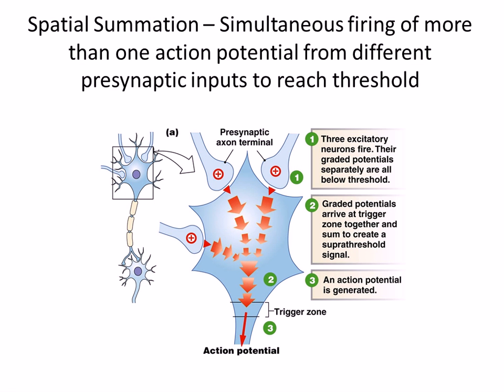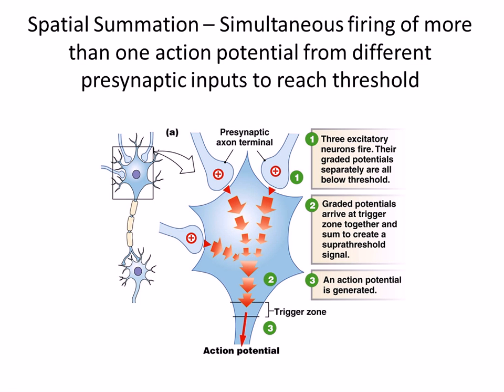Spatial summation is the simultaneous firing. So when you fire two synapses or more at the same time, you get an additive effect. Just as an example, we're going to clap again. Here's me clapping. Here's him clapping. Let's do it again. 1, 2, 3. Is it louder? Yeah.